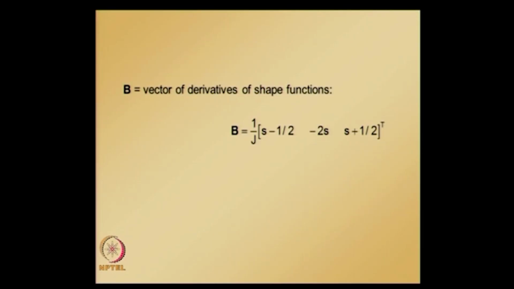is obtained by taking derivatives of shape functions N1, N2, N3 with respect to s and multiplying with ds over dx, which is 1 over J, where J is the Jacobian for a 3 node element, defined like this.